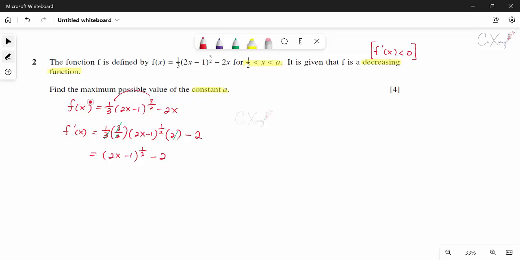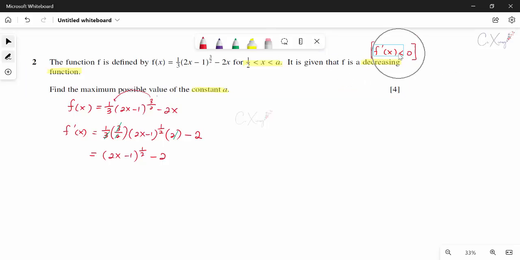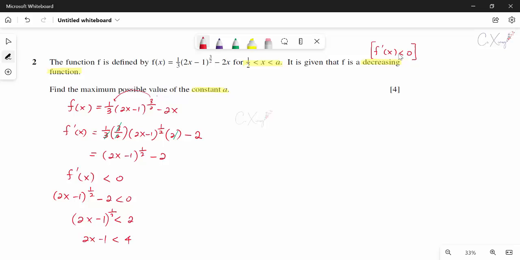Okay, so by using the information given here, f is a decreasing function, therefore we can write out that f prime x is smaller than 0. When f prime x is smaller than 0, I substitute the function f prime x that we got just now. And then I square both sides to get 4. 2x smaller than 5, and from here I will get x smaller than 5 over 2.